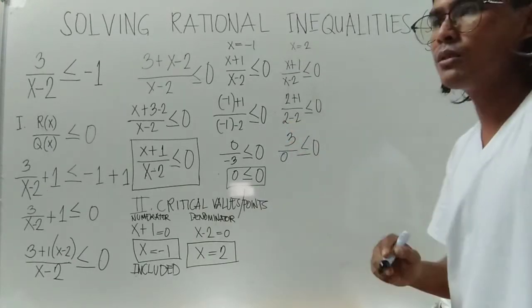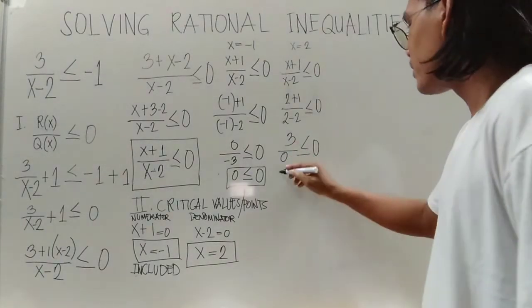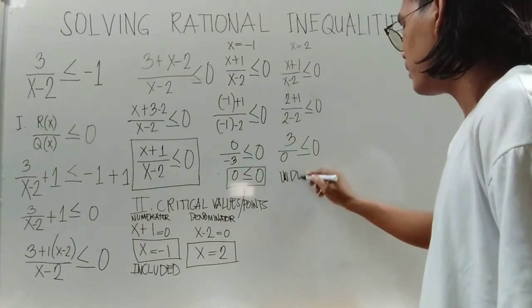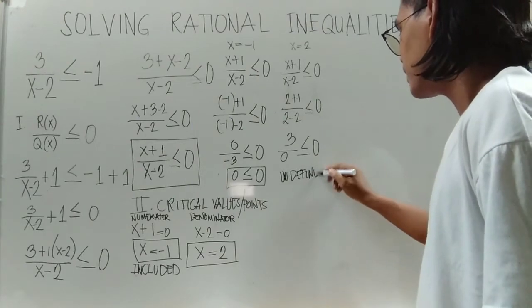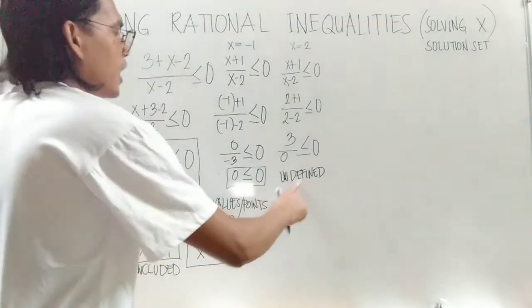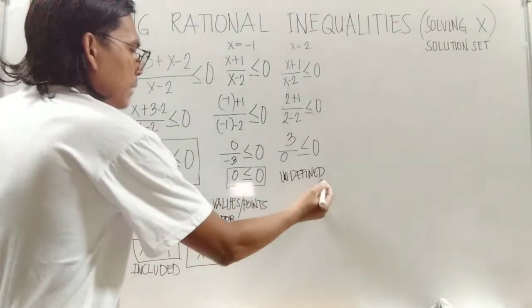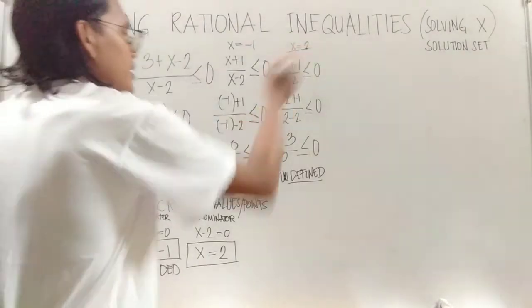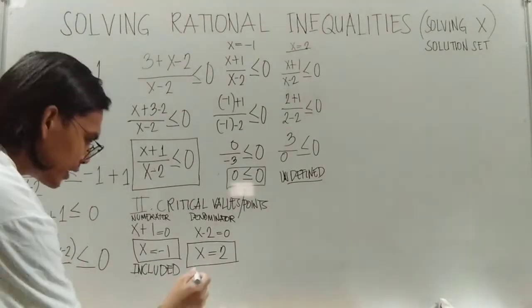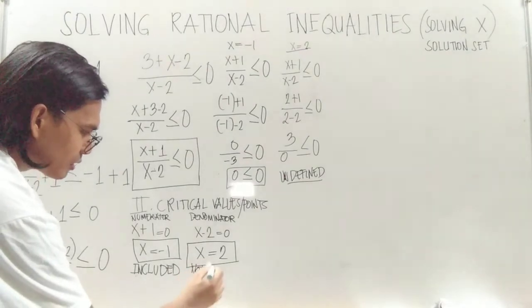Here, any number divided by 0 is undefined. So in this case, because it's undefined, your inequality becomes undefined when x is equal to 2. Therefore, x equal to 2 will not be included.